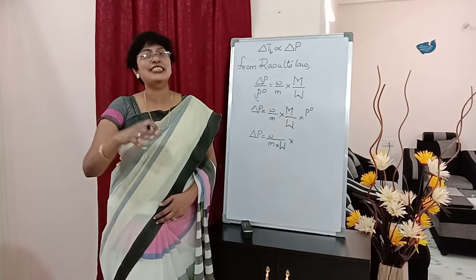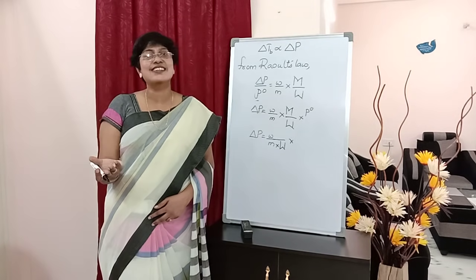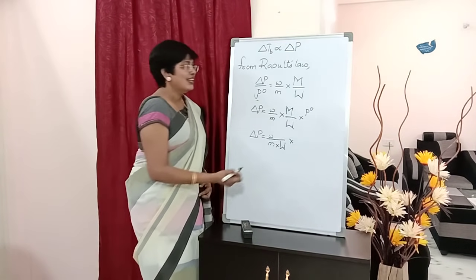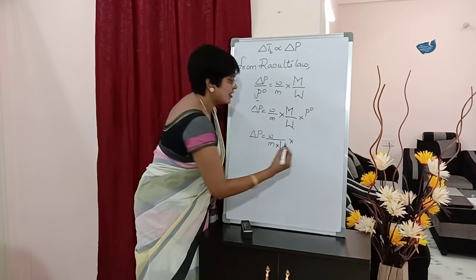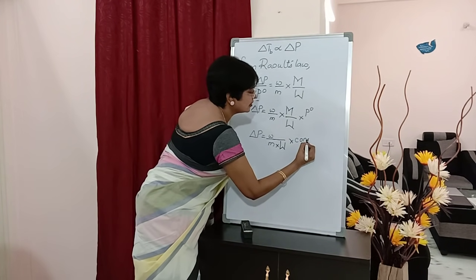Then the product of constant into constant will be what, students? Constant only. So this capital M into P naught, I can write as constant. So write here constant.